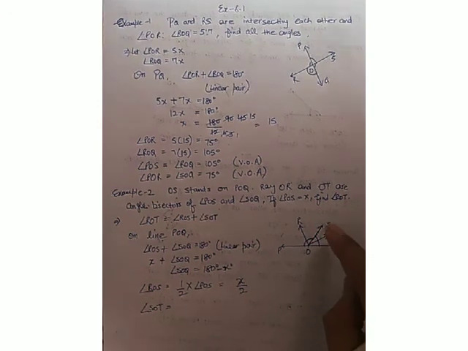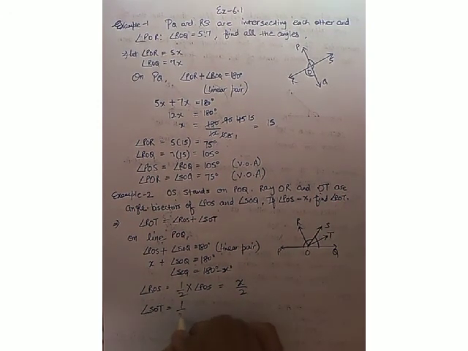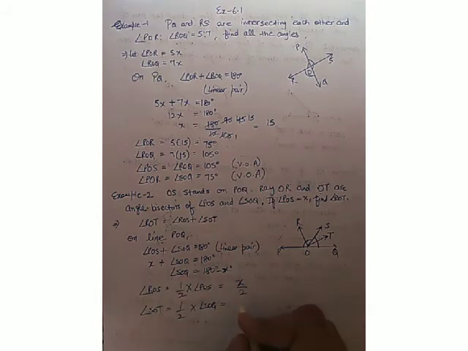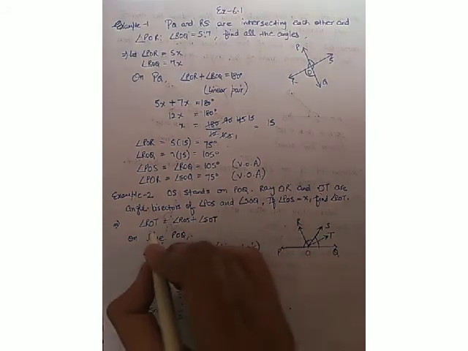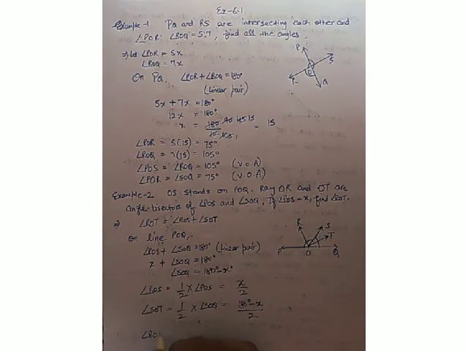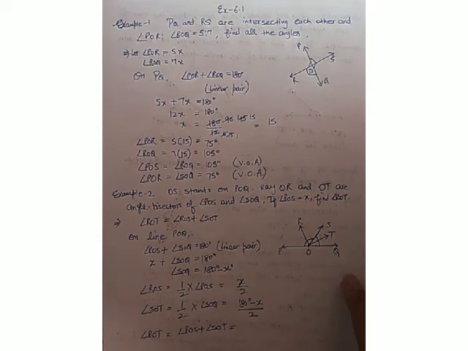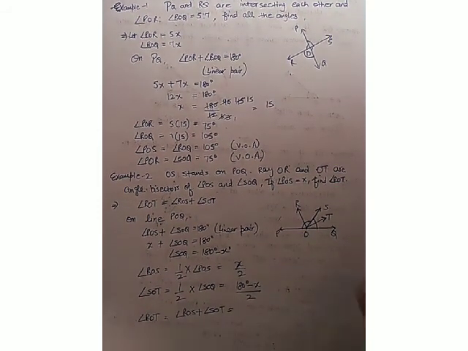It is exactly half of angle SOQ, and we have found the value of SOQ, that is 180 degrees minus x, so we will get (180 degrees minus x) upon 2. Okay, and what was ROT? ROT was equal to ROS plus SOT, and we have found ROS and SOT.